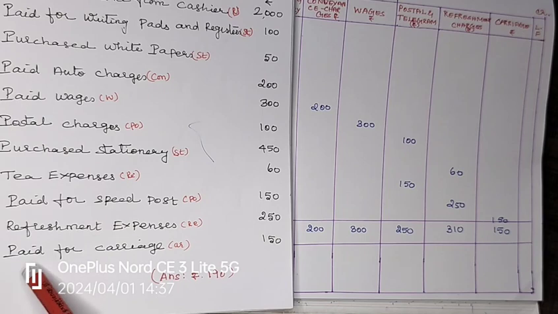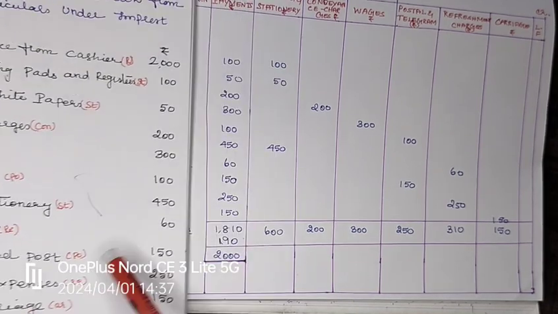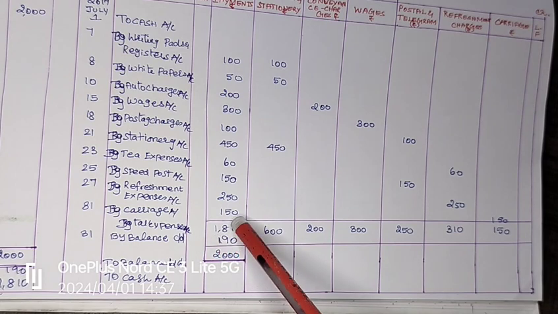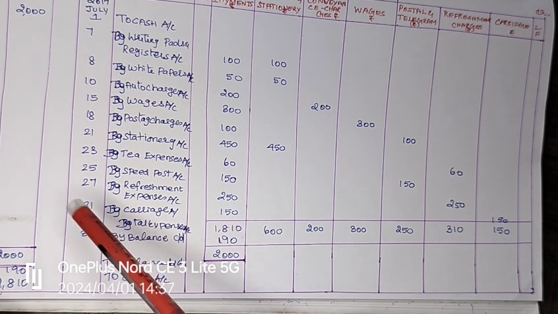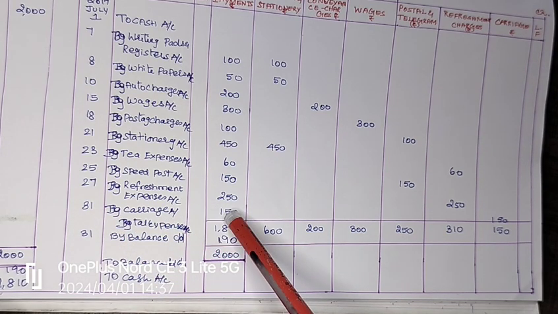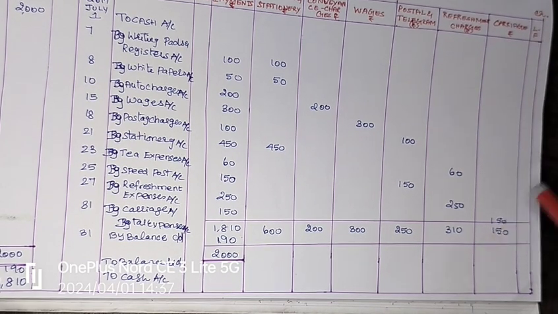And dated on 31, paid for carriage 150 rupees. This expense we enter in the carriage column, and the total amount we enter into the total payment column. Dated on 31, by carriage account 150 rupees is entered on the total payment column, and 150 rupees is entered on the carriage column also.